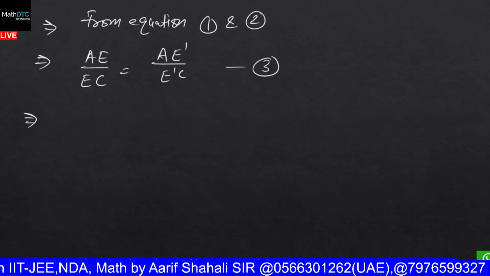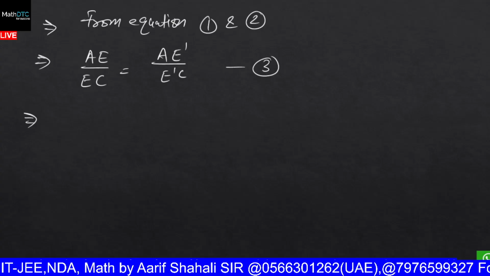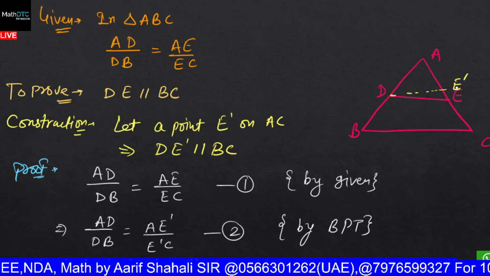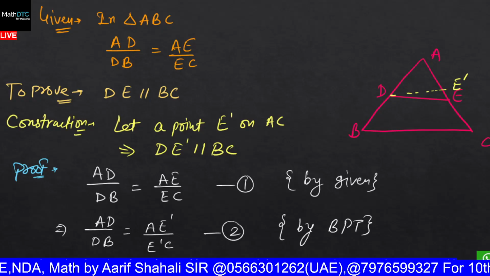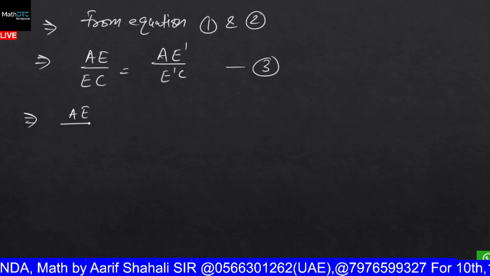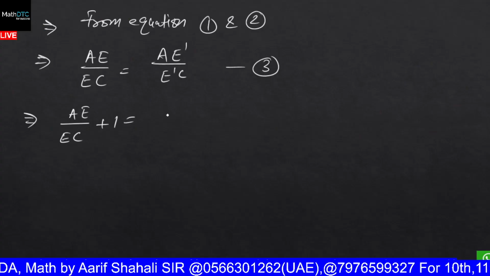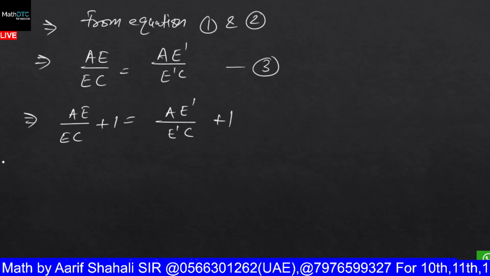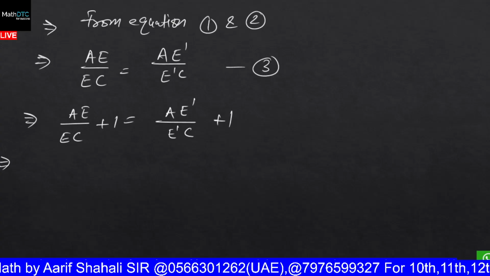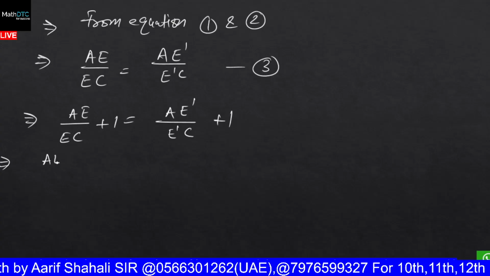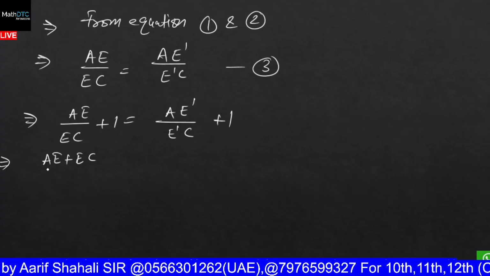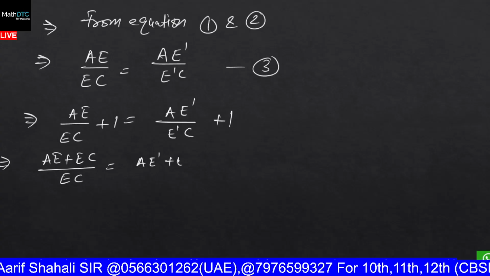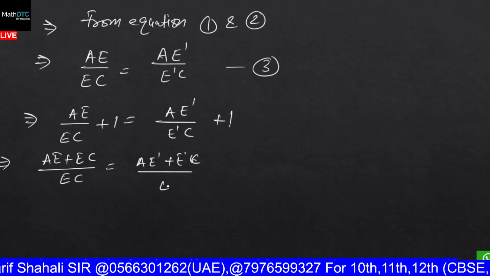Now take AE by EC plus 1, add 1 on both sides. Any doubt? We can add easily on both sides. Take LCM: AE plus EC upon EC is equal to AE dash plus E dash C upon E dash C, right?